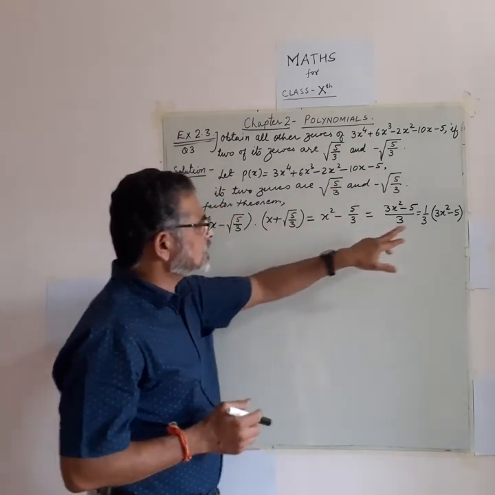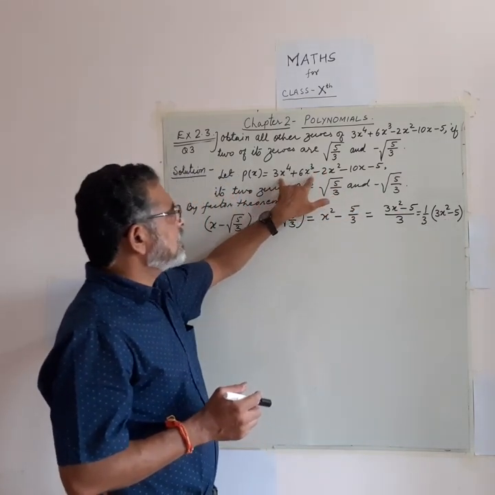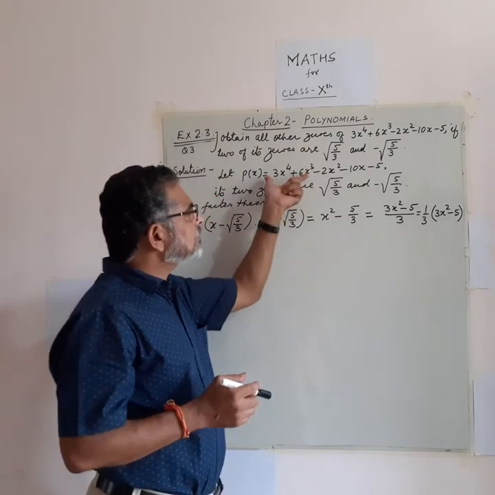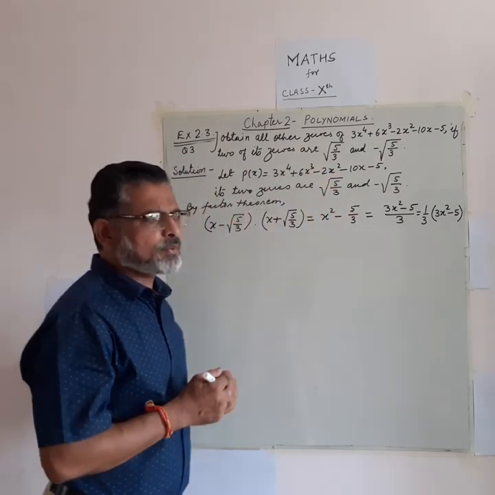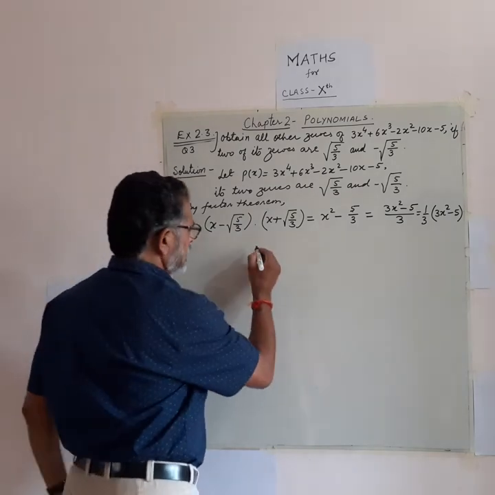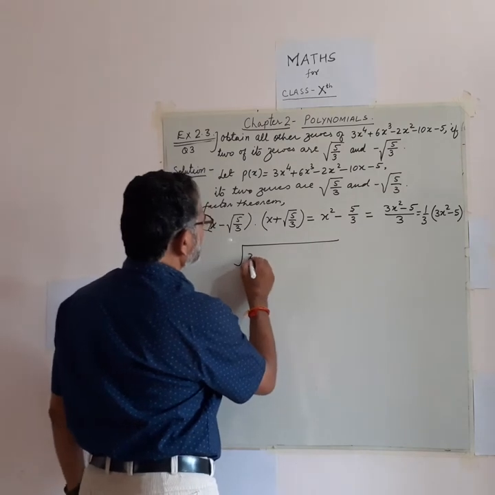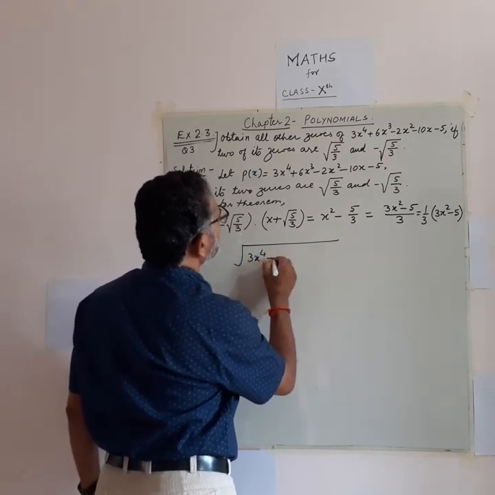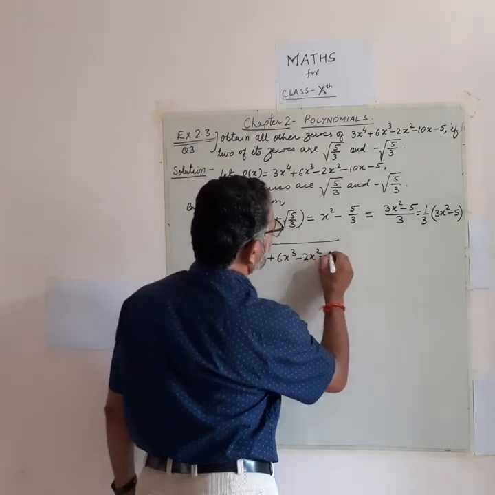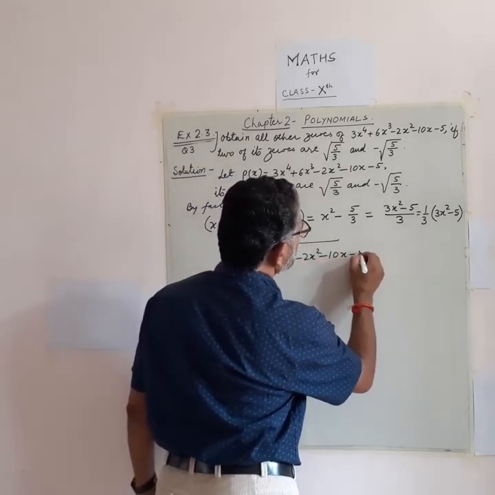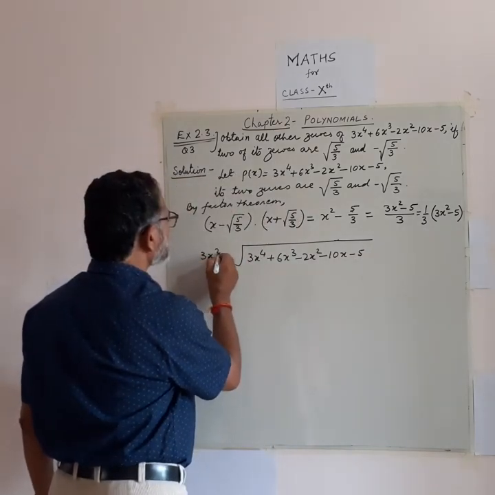So this polynomial will be a factor of this, means it divides completely this polynomial px. So we divide it. So 3x raised to the power 4 plus 6x cube minus 2x square minus 10x minus 5 is divided by 3x square minus 5.